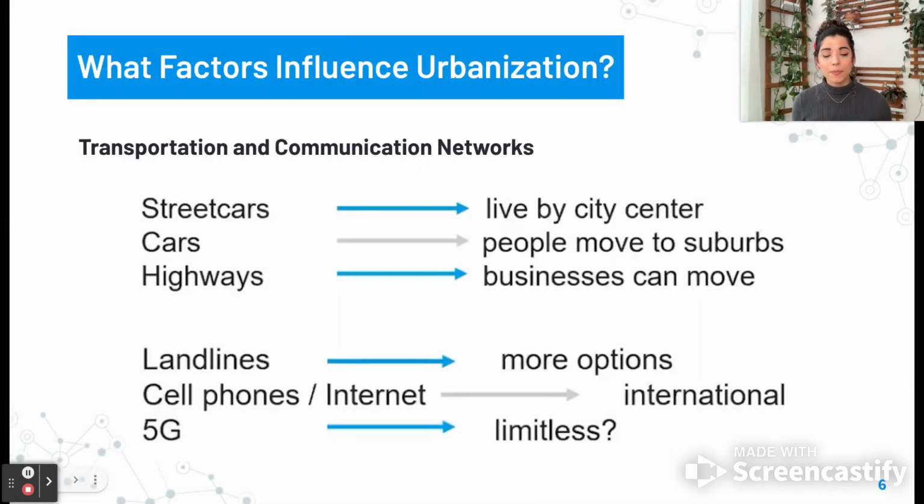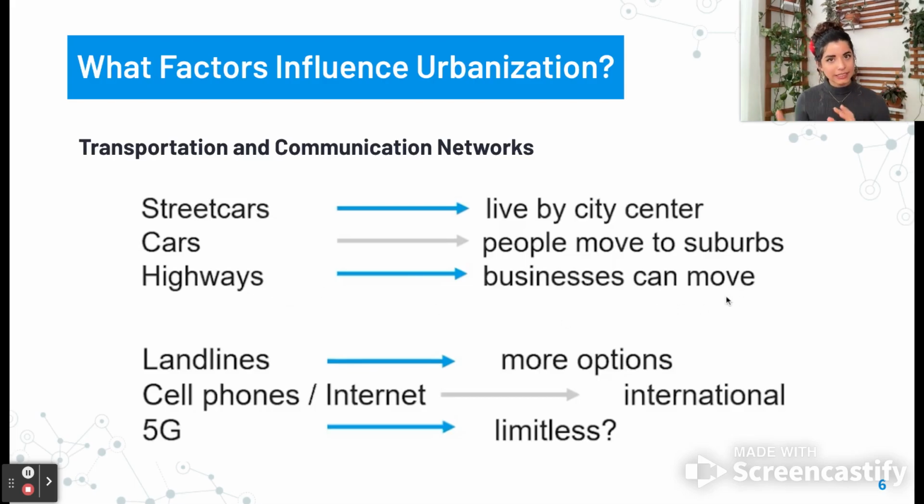So the way that we see transportation and communication networks developing over time. First, streetcars. That meant you typically lived by the city center. Now we have individual cars. People were able to move out to suburbs just outside of the city. And now we have highways.